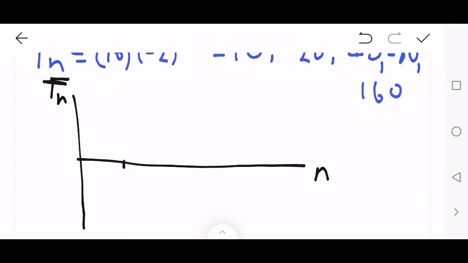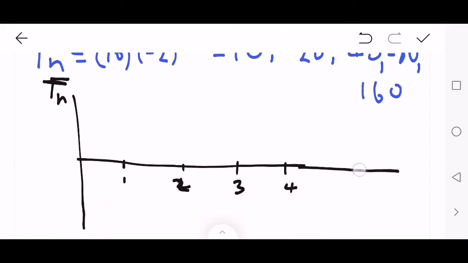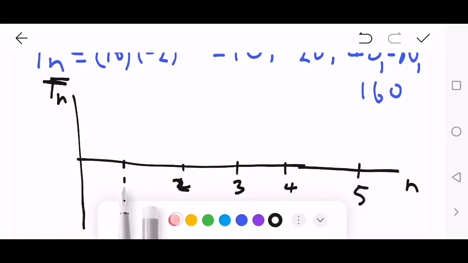So we have n equals 1, n equals 2, n equals 3, n equals 4, and we have n equals 5.